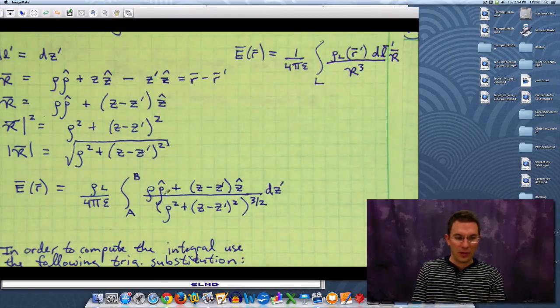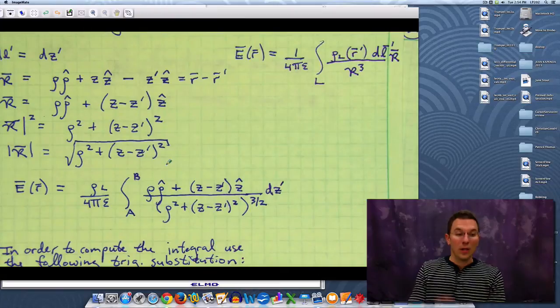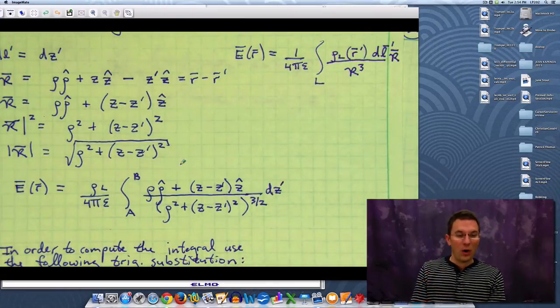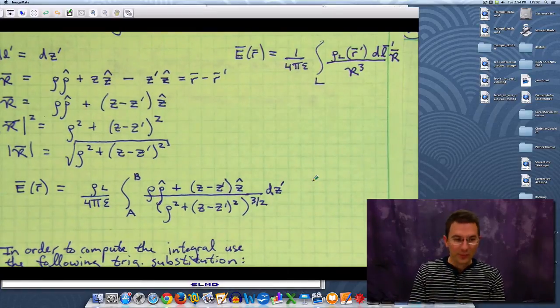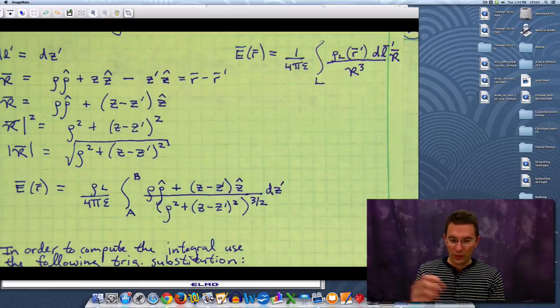And in the bottom, we take the magnitude of R to the 3rd power. The magnitude of R is rho squared plus z minus z prime squared to the 1/2, so R cubed is rho squared plus z minus z prime squared to the 3/2. So this is the integral that we now need to compute in order to find the electric field due to that continuous charge distribution out at a point R in space.